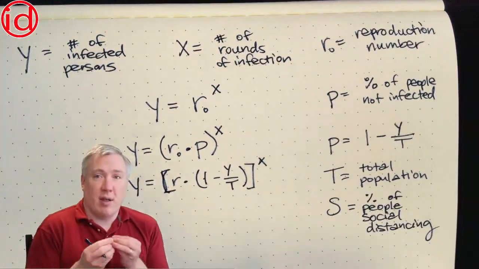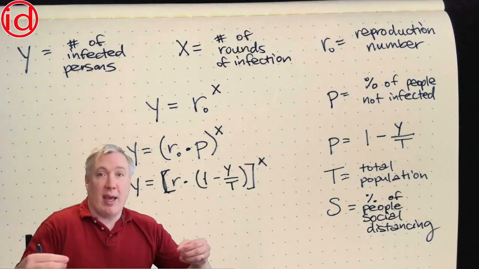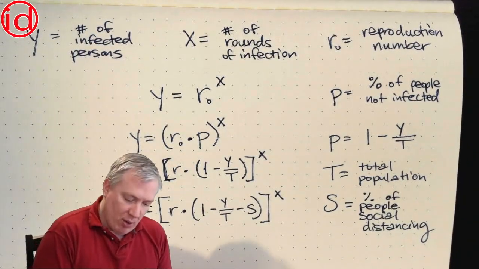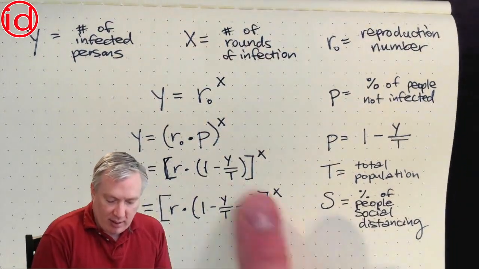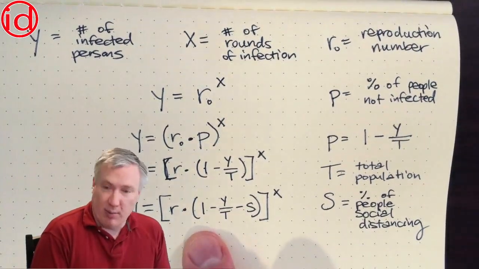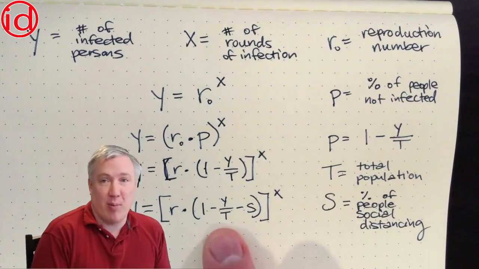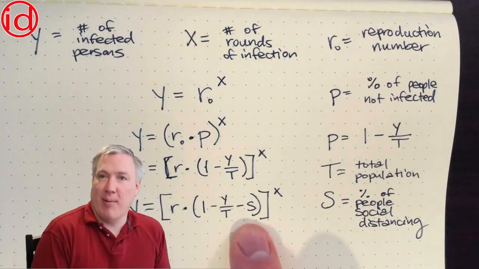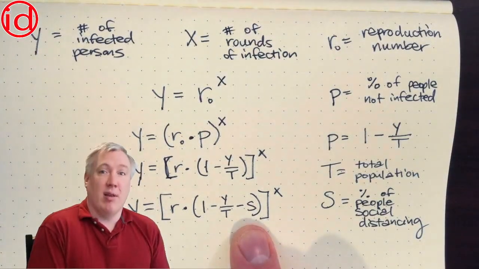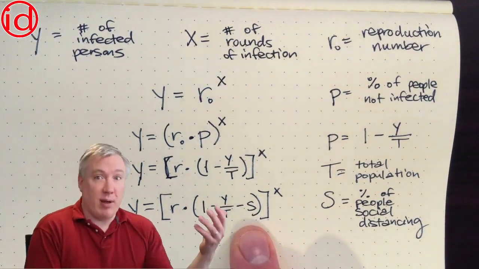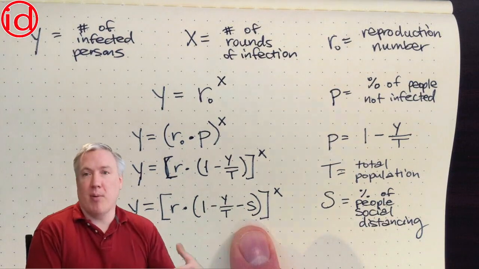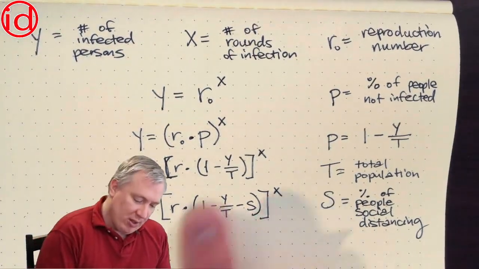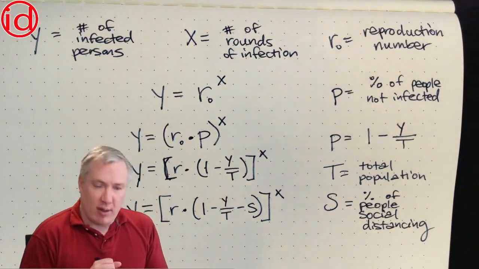In short, S is just going to represent the percentage of people who can't get the virus and can't spread it. And so here we go. We go y equals r naught times, and then this is a percentage. 1 is 100%, and then we take away the percentage of people who are already infected, that's this y over T. And we take away the people who are social distancing, either physically or eventually if we get a vaccine or whatever, the percentage of people who can't spread the disease. And so that reduces our rate of transmission.